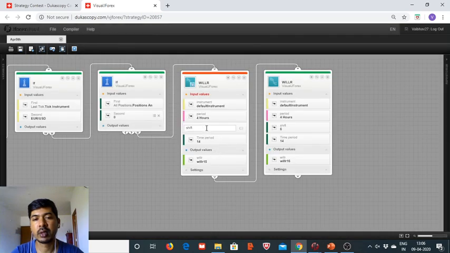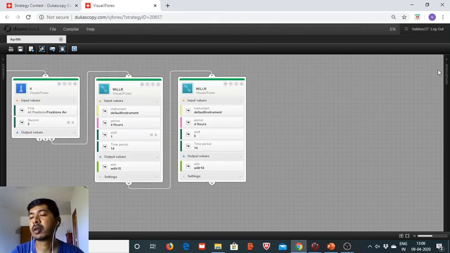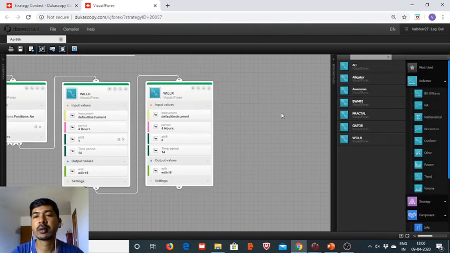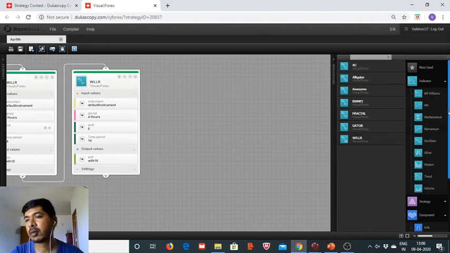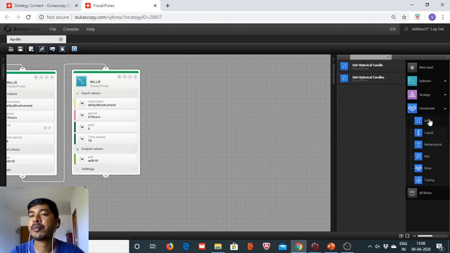So we here take in shift 1, and now we bring in historical candles. We will need 5 of those, and we want info. So indicator, components, info.